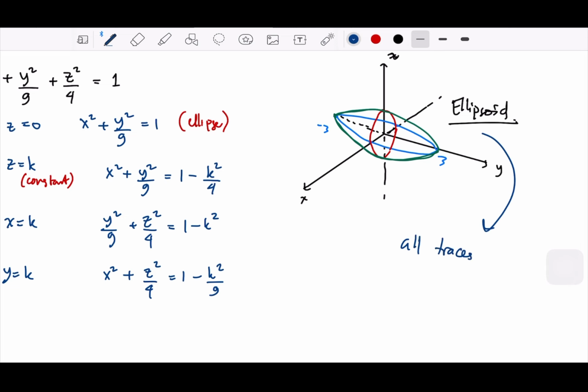So the ellipsoid will have all traces in ellipses.